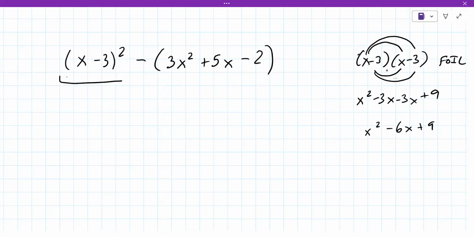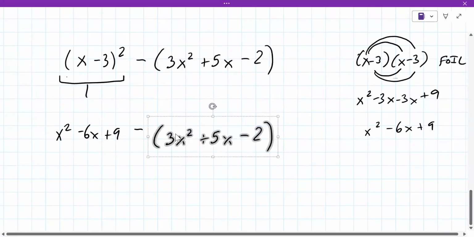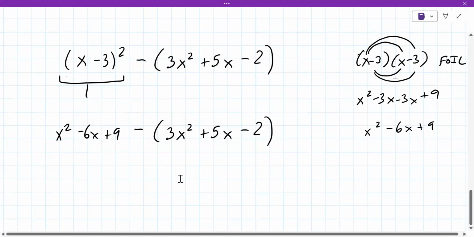Oh yeah. That takes the place of all this. So x squared minus 6x plus 9 minus, now you have to distribute the negative to everything in parentheses here. Okay. Oh, so geez.